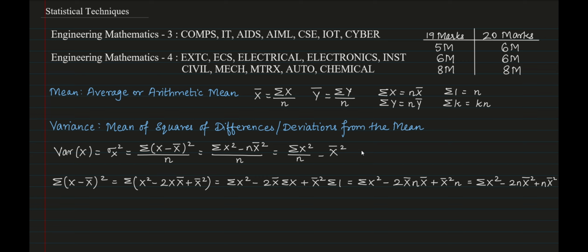This is how we also say that variance is nothing but expectation of x squared minus expectation of x the whole square. Expectation simply means mean. So here we take the mean of x square, and also x bar denotes mean of x. So mean of x the whole square.